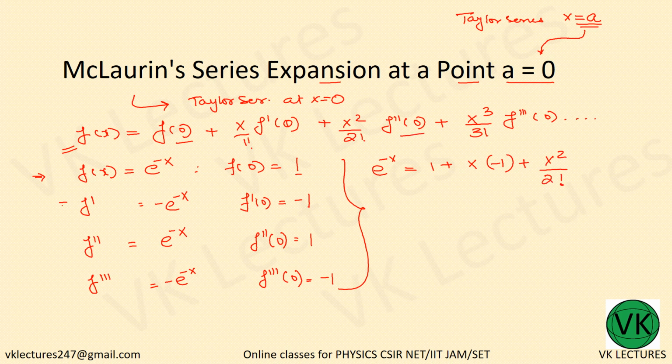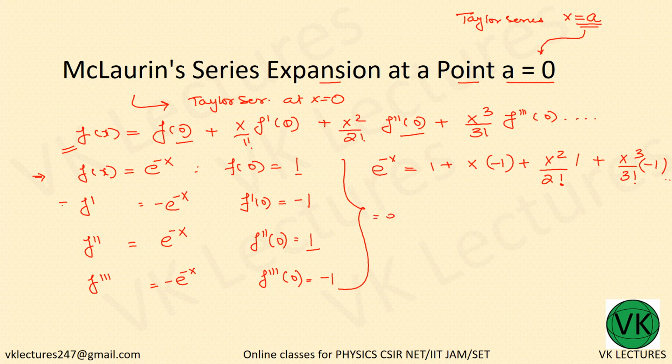What is f double dash of 0? Again that is 1, again plus x cube by 3 factorial into f triple dash of 0, that is again minus 1, and it goes on.